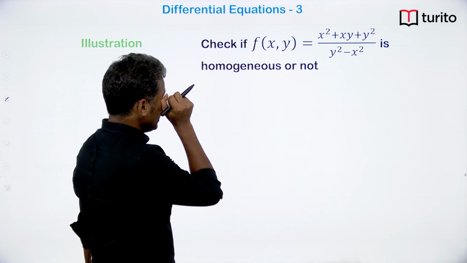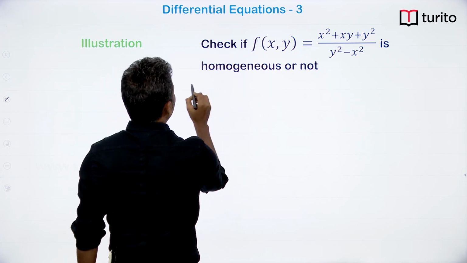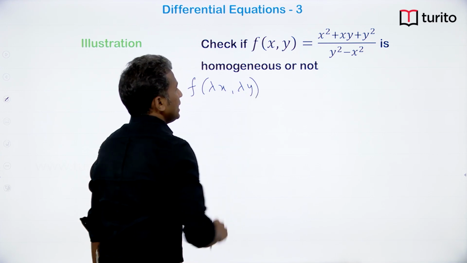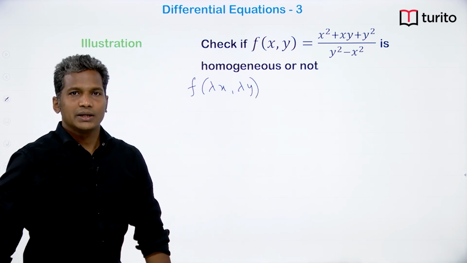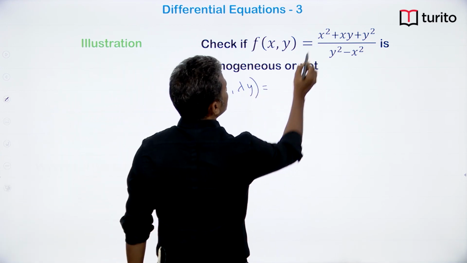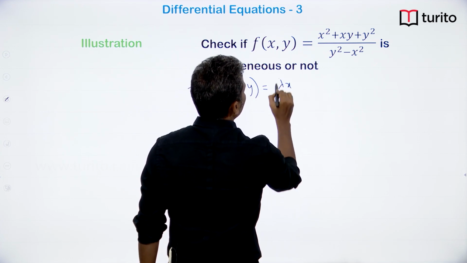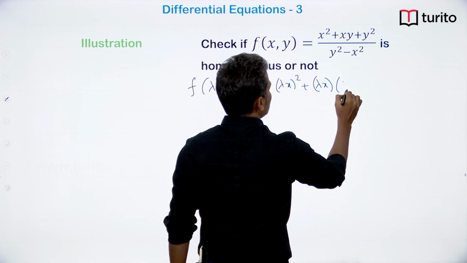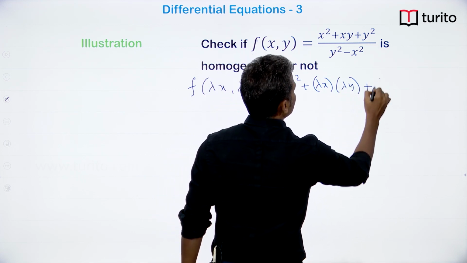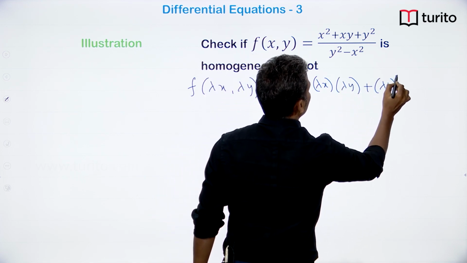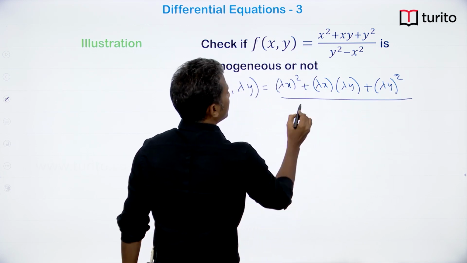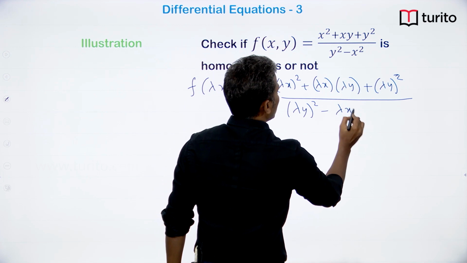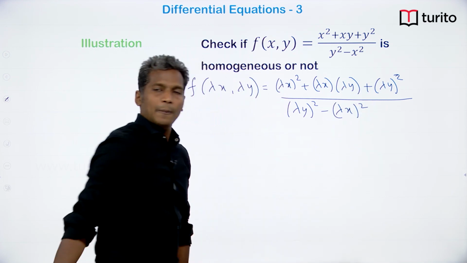For example, if I introduce lambda x and lambda y in place of x and y, then what happens here? Here we get lambda x whole square, here it is lambda x into lambda y, plus here it is lambda y whole square, divided by lambda y whole square minus lambda x whole square, right.